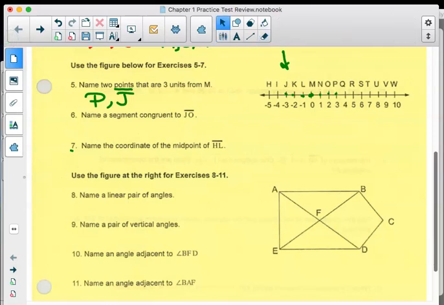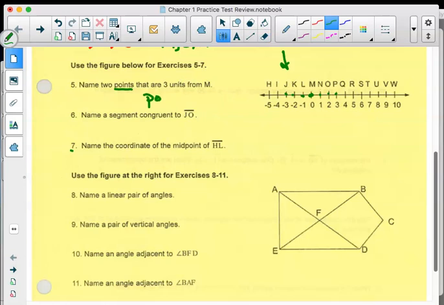And let me move that over because it really looks like I'm putting that segment on there and I don't want that to be happening. So I have point P and point J. I could probably emphasize this by saying point P and point J.